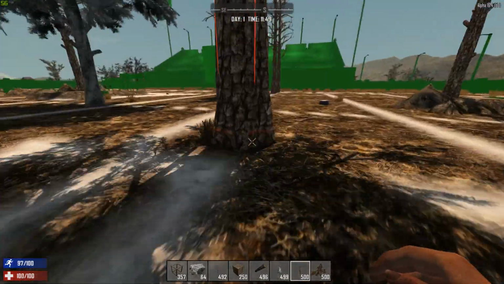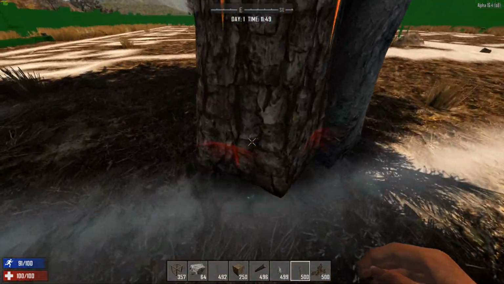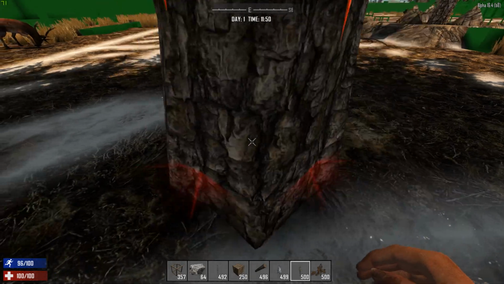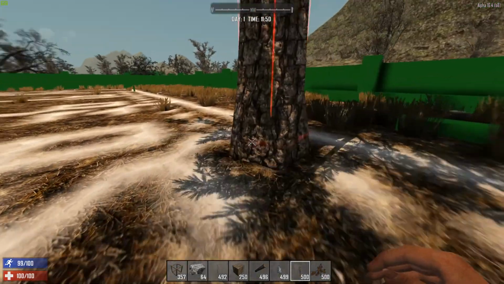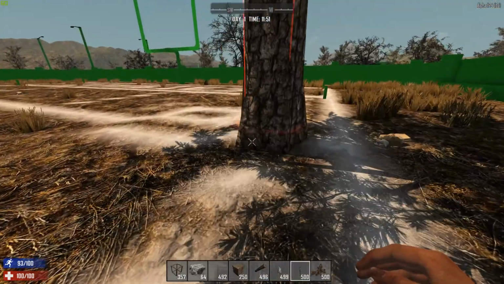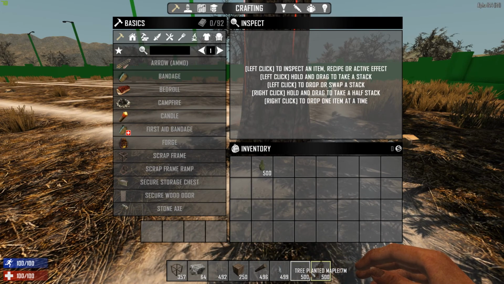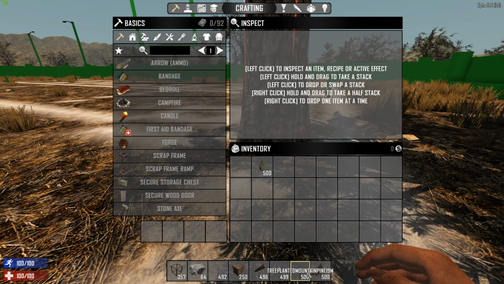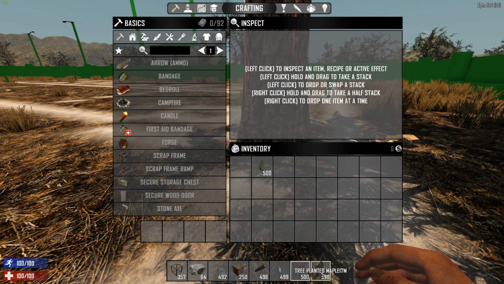Why is it not letting me plant this tree here? Should be a 1, 2, 3, 4. Should be able to be planted here. What is this tree? The tree planted pine. Tree planted mountain pine 19.